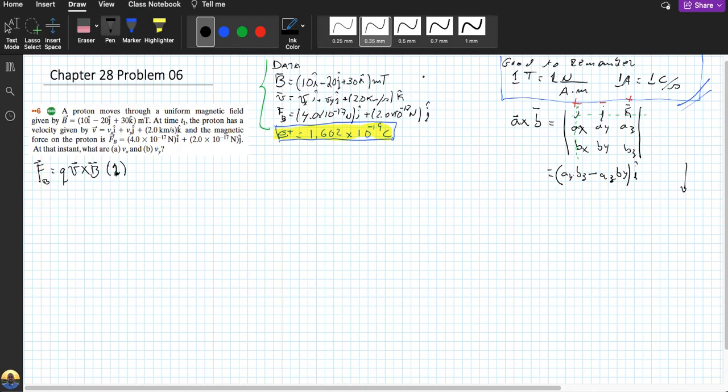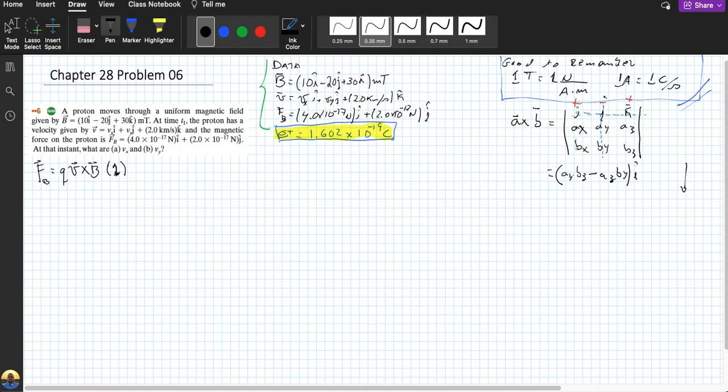So now I will work with my j component, or my y component. I cross this one and I cross this one.